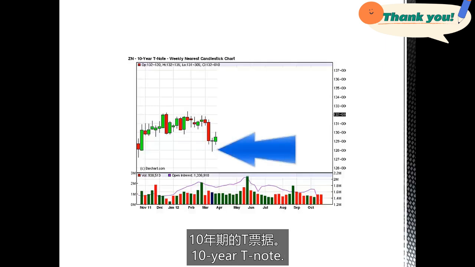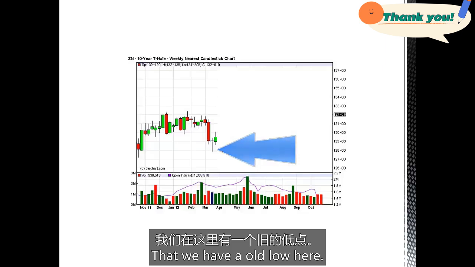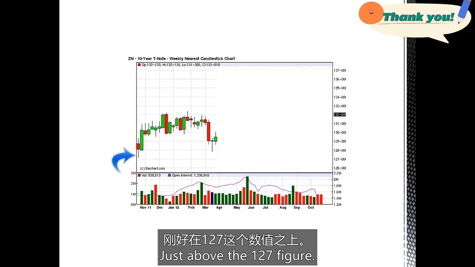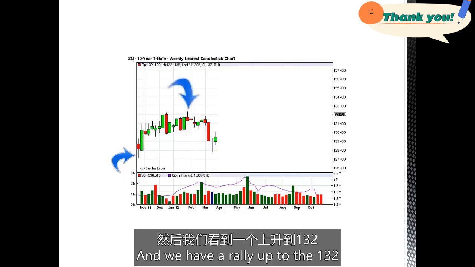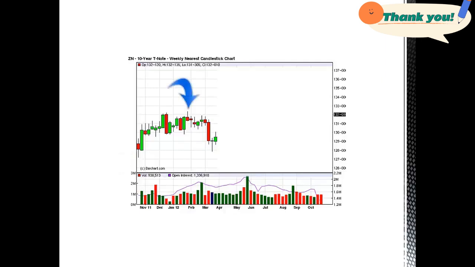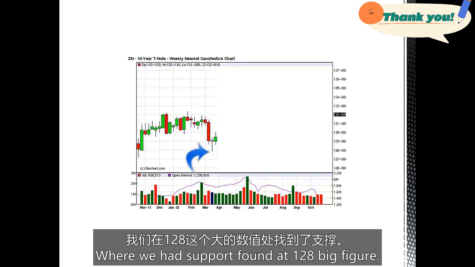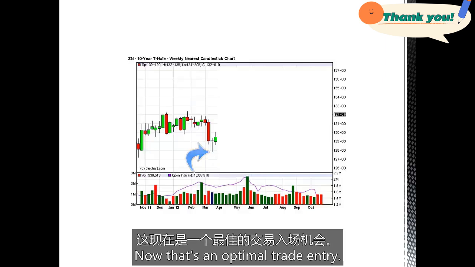It's the US 10-year T-note. Note also that we have an old low here just above the 127 figure, and we have a rally up to the 132 figure, and then we saw a decline down into March, where we had support found at 128 big figure. Now that's an optimal trade entry.